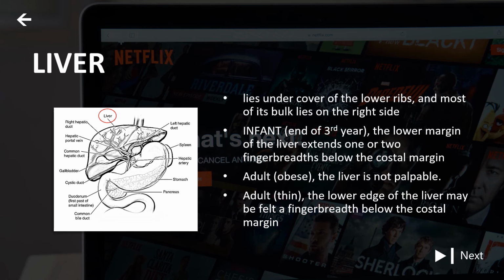In the adult who is obese or has a well-developed right rectus abdominis muscle, the liver is not palpable. In a thin adult, the lower edge of the liver may be felt a fingerbreadth below the costal margin. It is most easily felt when the patient inspires deeply and the diaphragm contracts and pushes down the liver.